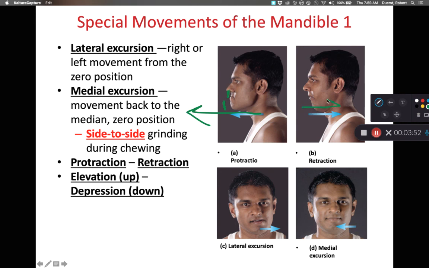And then retraction is to pull the mandible posteriorly so that the upper incisors extend more anteriorly than the lower incisors. We also can have elevation and depression, and those really don't need a picture. To elevate the mandible, you go up. To depress the mandible, you go down. Or to use technical terminology, we go superior to elevate, inferior to depress.